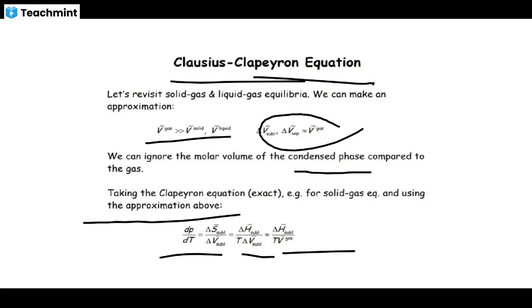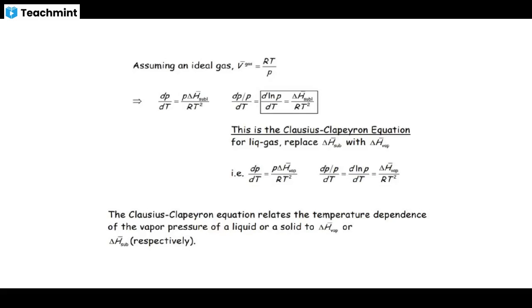So you can substitute the change in molar volume of sublimation with the molar volume of gas, assuming ideal gas behavior, where the molar volume is RT by P. Then dP/dT equals P times ΔH sublimation divided by RT squared. Taking P to the other side, d ln P by dT equals ΔH sublimation divided by RT squared.